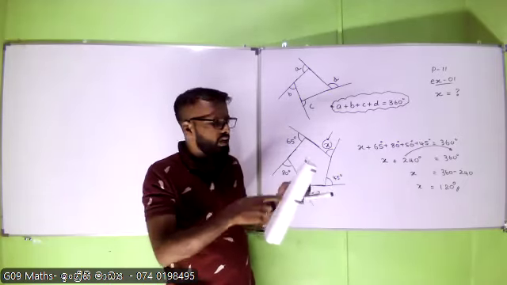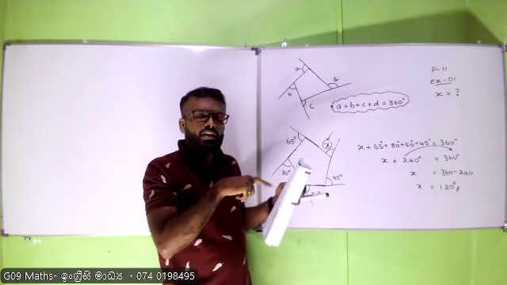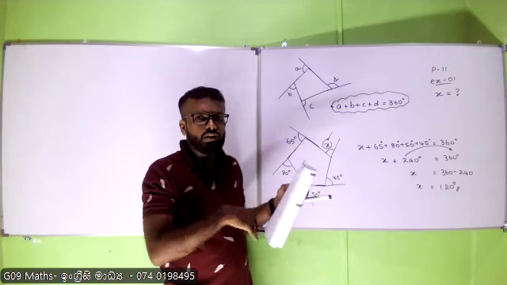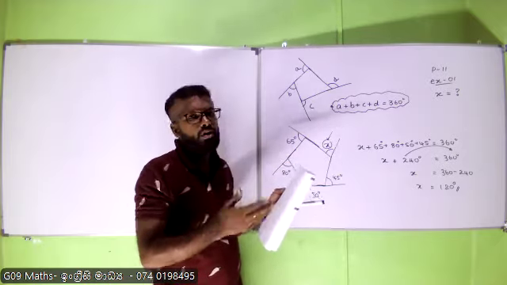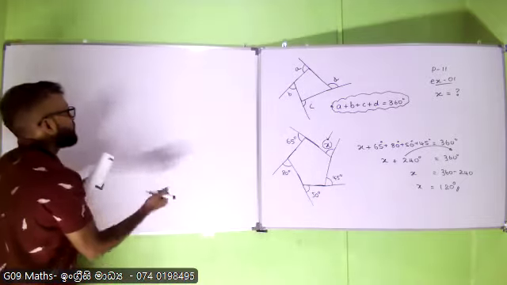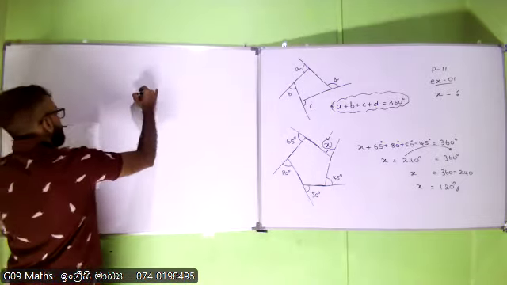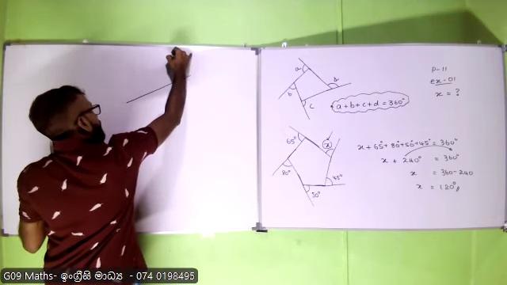So I can find v. Then I can apply the summation of all exterior angles of a polygon: x plus 2x plus the others equals 360, then you can find x.